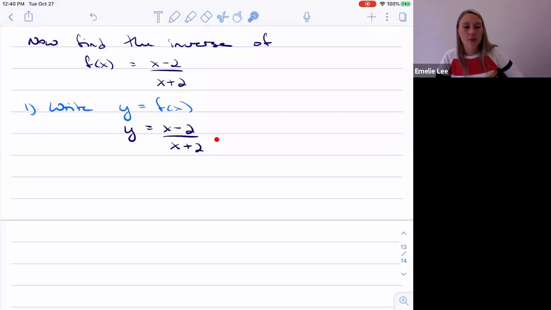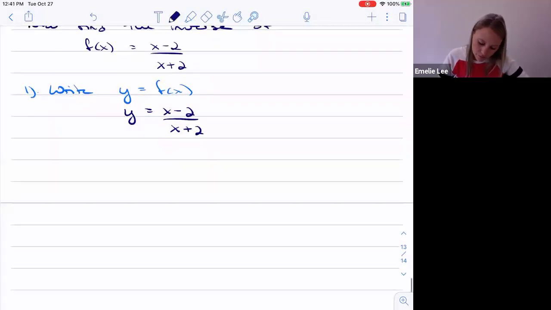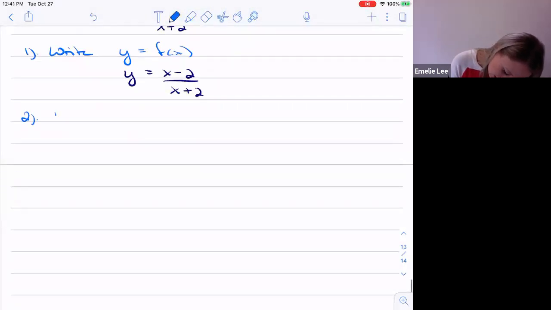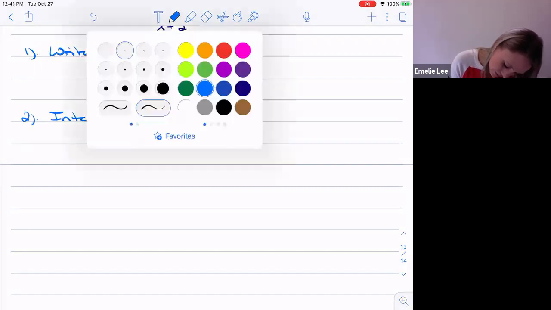The next step, I'm going to follow my instructions, right? Because I like to switch out x's and y's and then solve for y. Because what I end up with is y equals something, and I don't have to remember to switch them back. So that's what I like about my way. So the second step is interchange x and y.